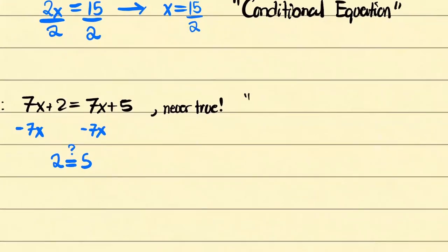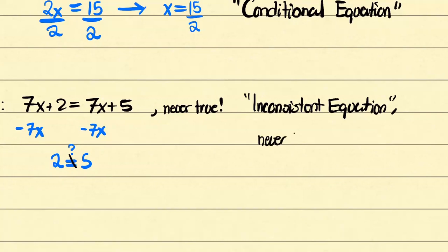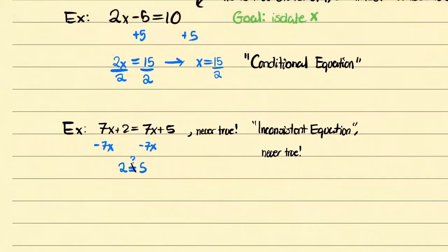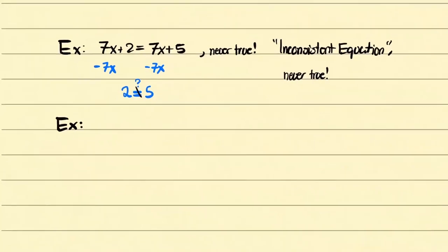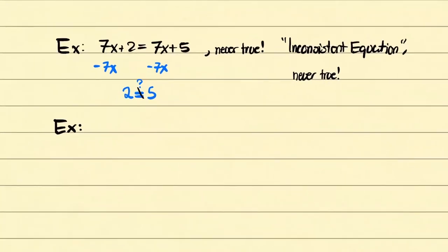This is called an inconsistent equation. It's never true. We have one more example. Something like this.